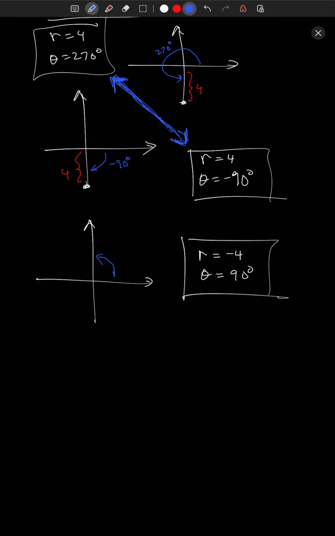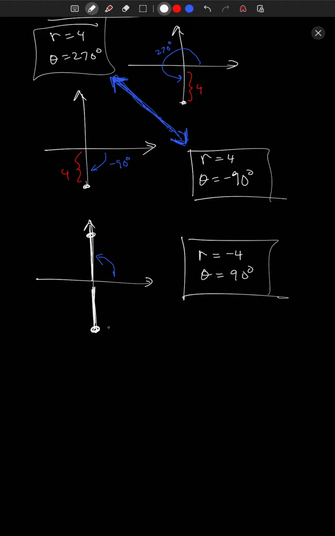But, okay, now, if r were positive, then no problem, right? We would just have our point somewhere on this positive axis here. So what happens when r is negative? What that means is instead of drawing right there on the positive axis, we draw on the opposite side, so the negative axis. So instead of going here, r equals 4, we're going down here, r equals minus 4. Okay.